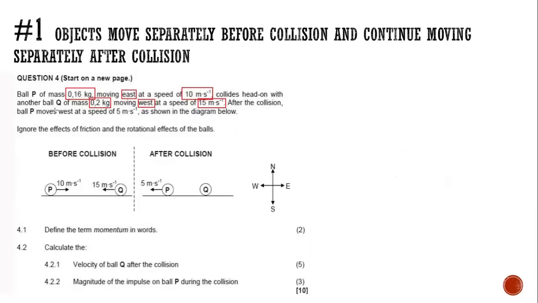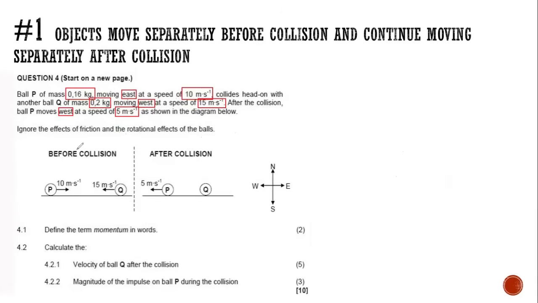After the collision, ball P moves west at a speed of 5 meters per second, as shown in the diagram below. They say ignore the effects of friction and the rotational effects of the balls. So we are given this activity and we are supposed to answer these questions under this case, whereby objects are moving separately before collision and still move separately after collision.